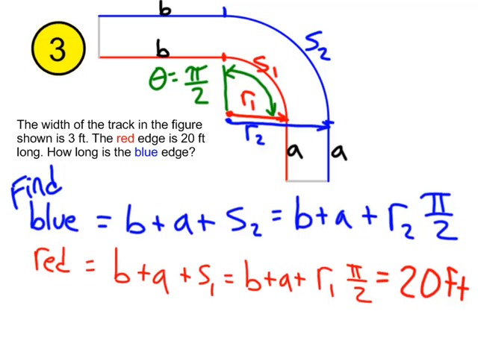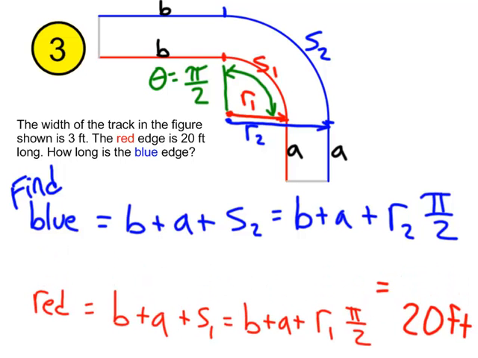But here's the little trick. We know this red equation, and we want to know the blue expression. And you notice that they have some similar form there. We see that this looks very similar to this. That should provide us a little bit of hope. And there is one more piece of information that I realized I didn't really put on the picture. We're told that the width of the track is 3 feet.